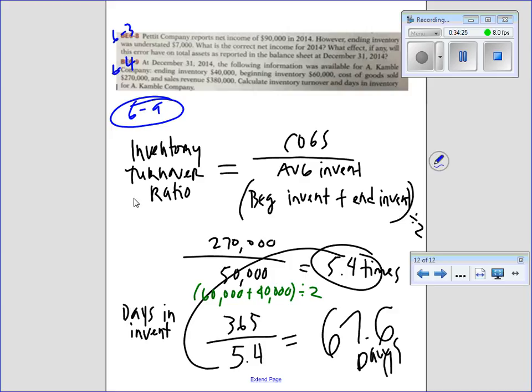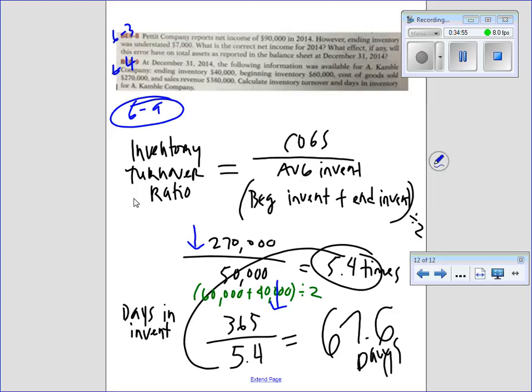Come on, boss. What can we do to liquidate more fast, more often? Got to get our cost of goods sold down a little bit. We've got to have less inventory hanging around at the end. We started with 60 and we're down to 40. We've got to sell more of that.